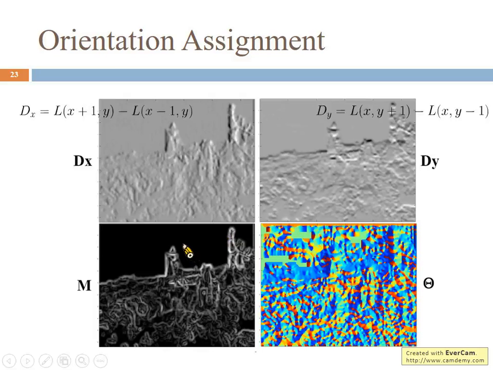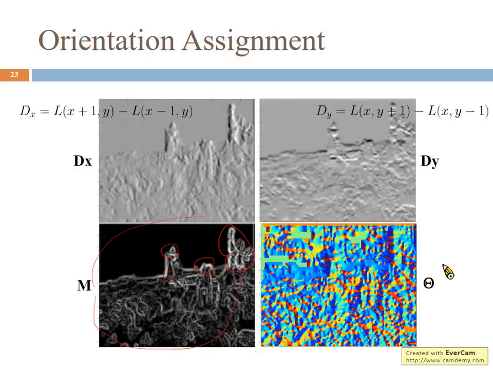And this is an example showing the gradient magnitude and the orientation. This figure shows the horizontal gradient, this is the vertical gradient, and this is the overall magnitude. A pixel with a larger intensity value means a higher gradient.